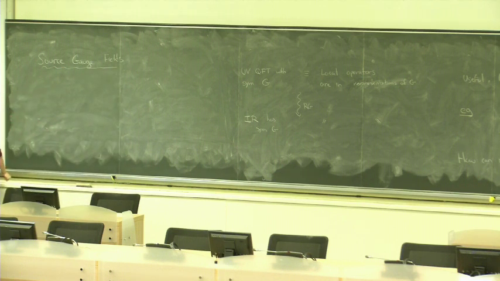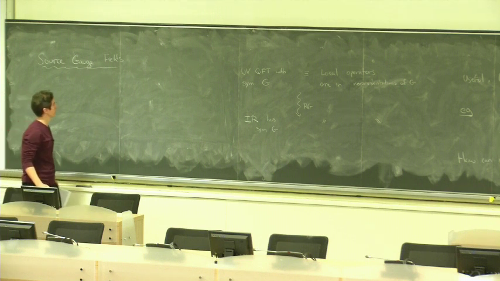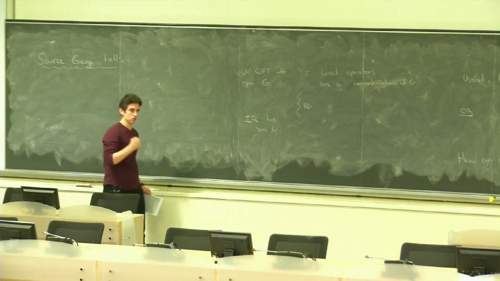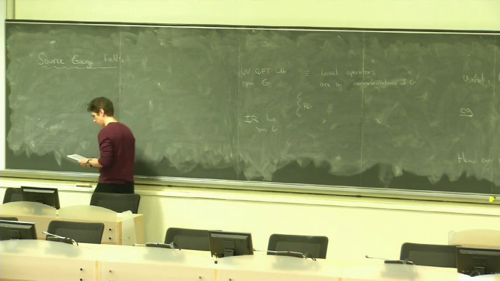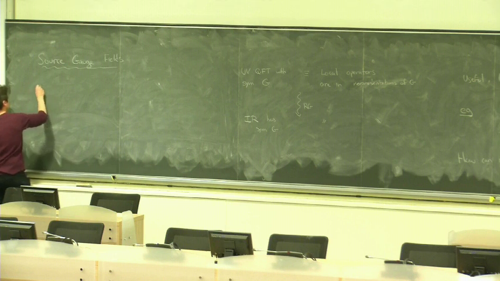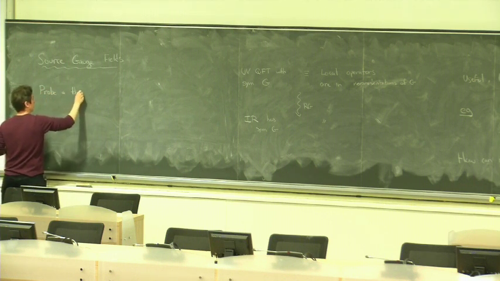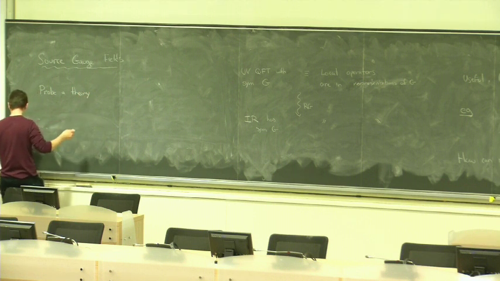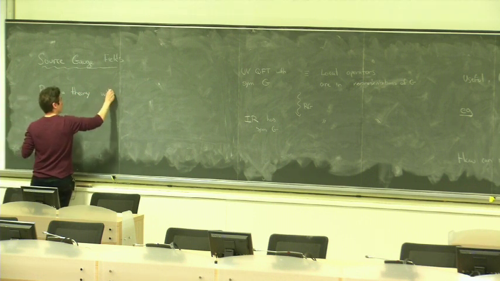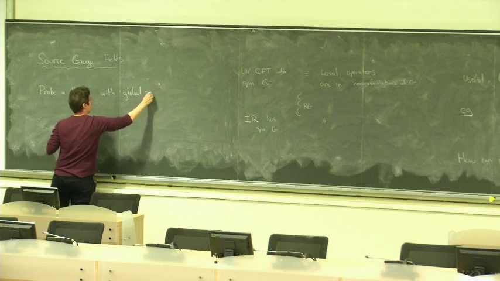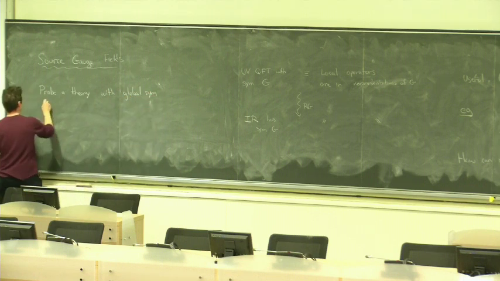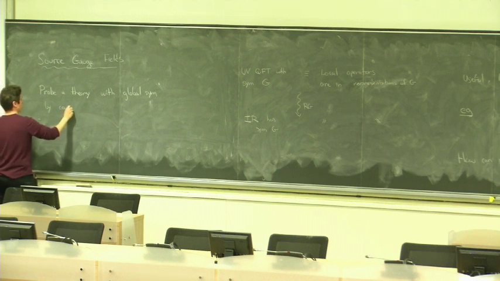Okay, if we want to understand better the details of global symmetry, it's helpful to couple our theory to sources. So these sources will be gauge fields. What does that mean? We'll probe a theory with global symmetry by coupling to a background gauge field.